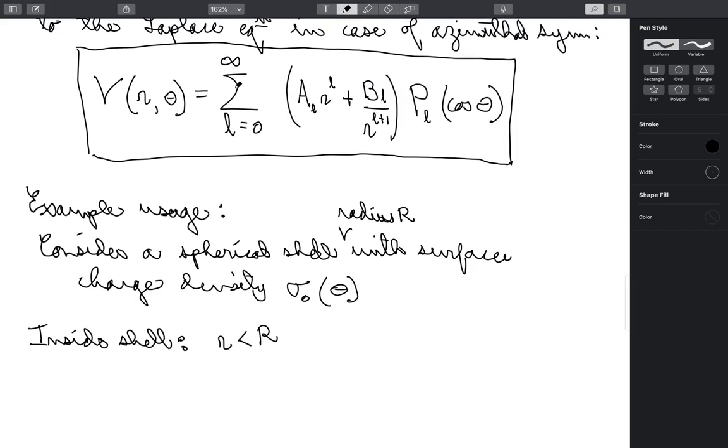We have to look at our most general solution here, and I'll be interested in the region where the radius can go to 0. Now, if I'm going to take the radius to 0, then I've got problems here, so I should put all the b's to 0.